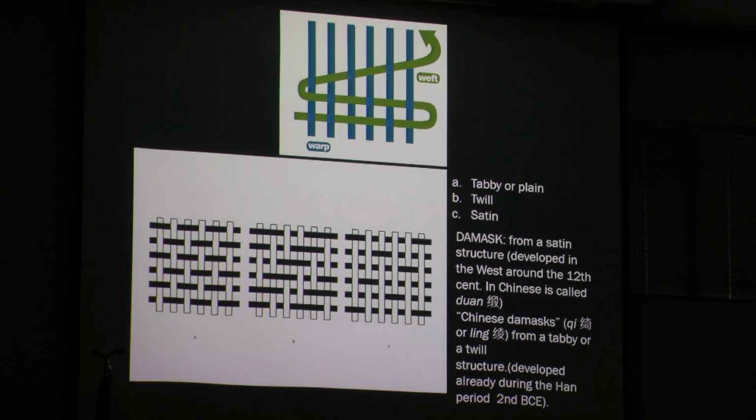Chinese damask are those that in Chinese, proper Chinese character, are called qi or ling, and are normally referring to a sort of damask, but not made in satin, but made in tabby and twill. So for us, these are not exactly damask. The same happened with brocade, and I will explain this in a second.